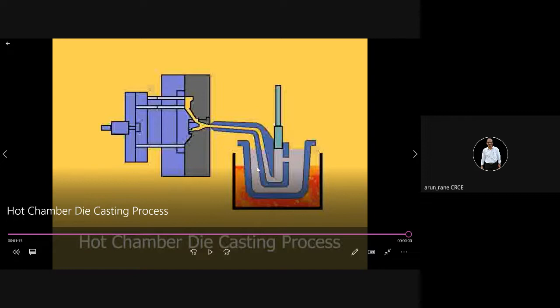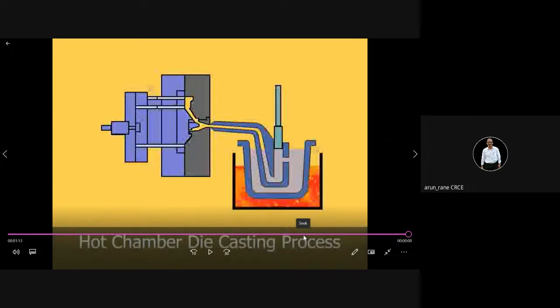Through the cylinder barrel arrangement, the material will be injected, and basically that will be plastic. In hot chamber die casting, it will be aluminum, magnesium, or zinc alloys. So this was your die casting. It is also called as the goose neck.